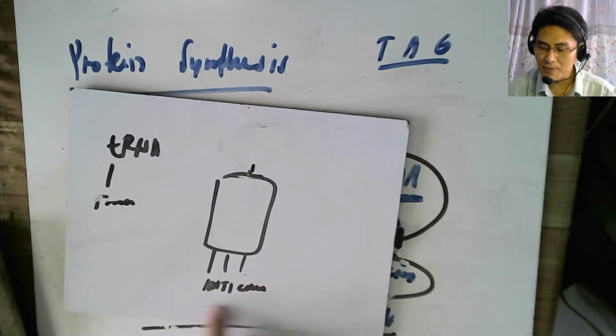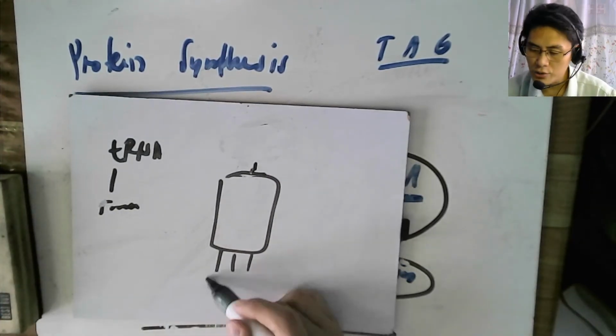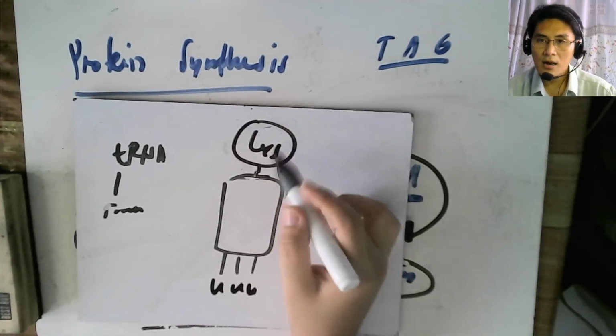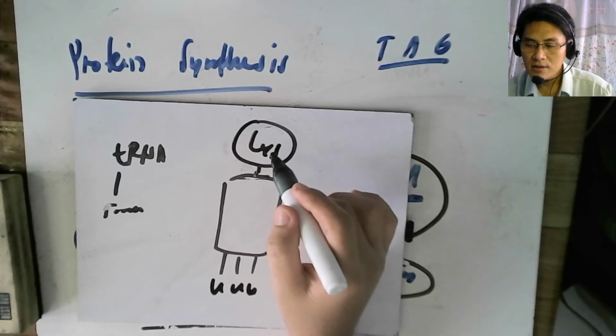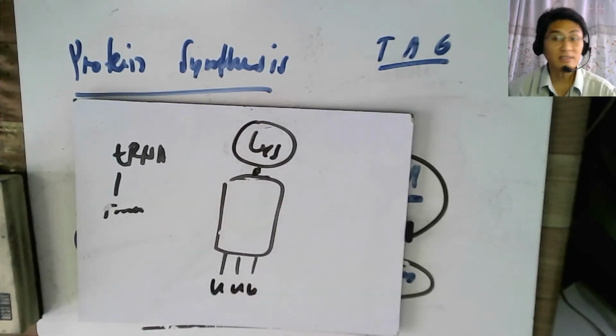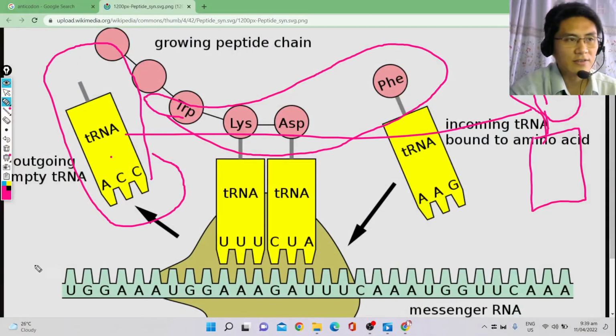So that tRNA, depending on what anticodon it has, again, if its anticodon is UUU, it will look for a lysine amino acid, and it will attach to it, and then that tRNA will just be floating until again it's called by the ribosome, and this process happens.